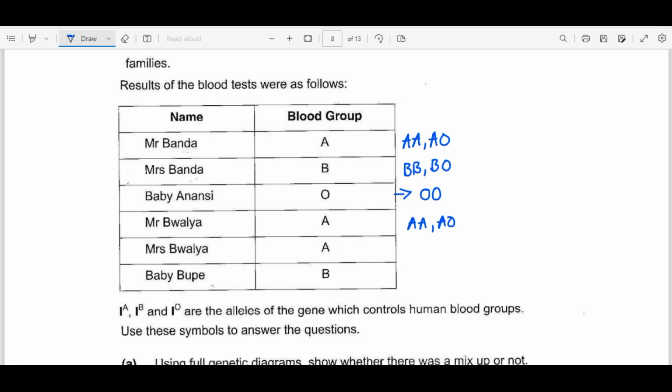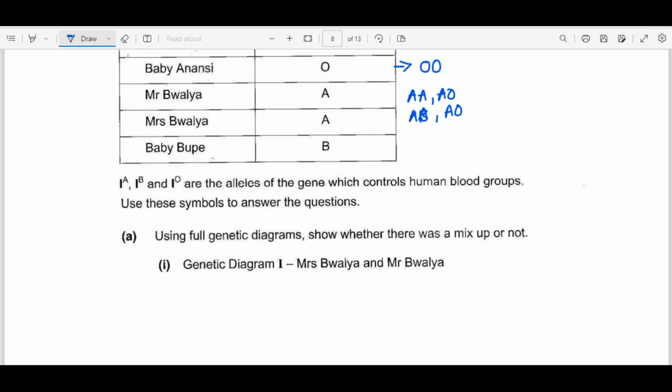Then Mrs. Walia can also be the same, AA or AO. Now, from this, we can see that there is a chance of this mixing of babies. It's possible because AA cannot produce B, because from the alleles we don't have the allele for B.